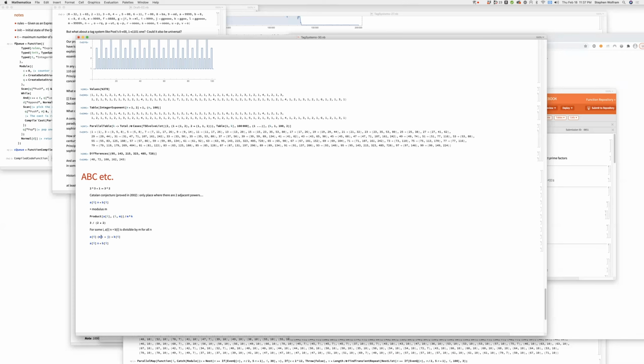So trivially, that term is divisible by m. So the issue is, in fact, this is the ith term, and we're saying that a_i times i plus b_i needs to be divisible by m. Right?